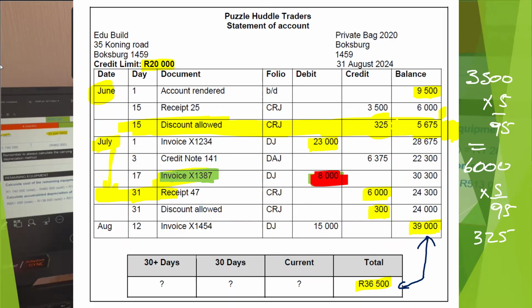It was supposed to have been 3,500 multiplied by 5 divided by 95. It was supposed to be 184.21. So it means it's overstated. So we need to reduce it so that it goes to 184.21.